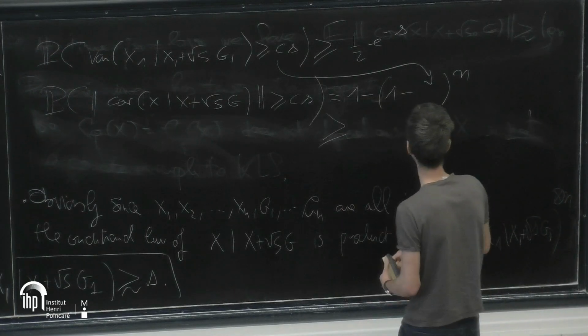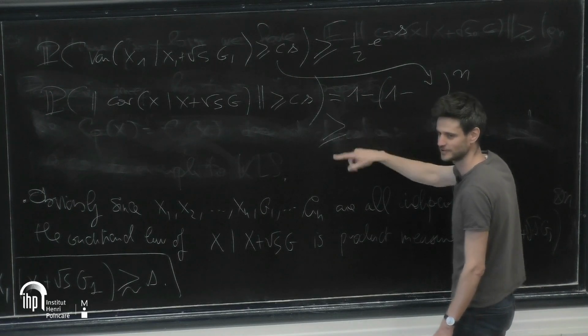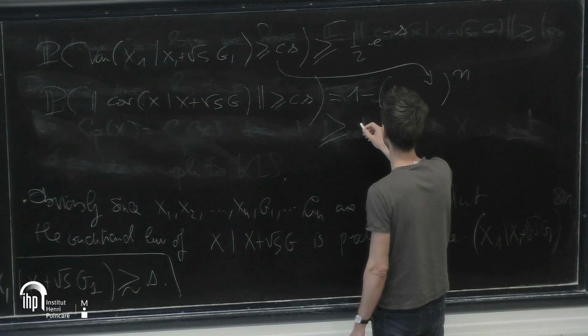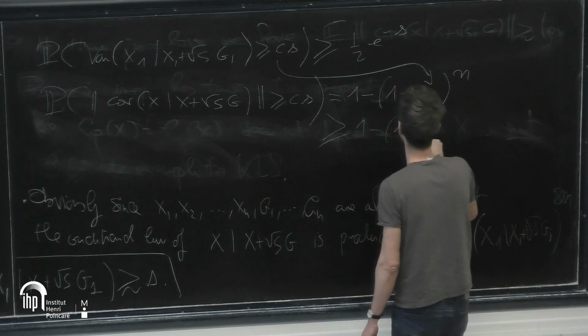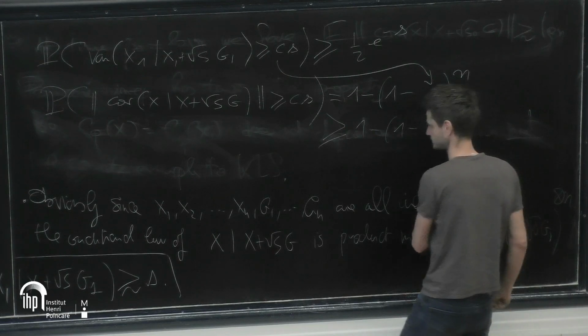So I also assume that the number of minus signs here is even, so it's in the correct direction. So this should be 1 minus (1 plus e minus s over 2) to the n.